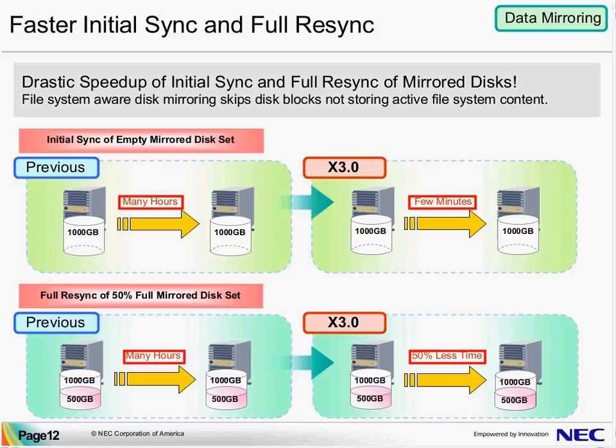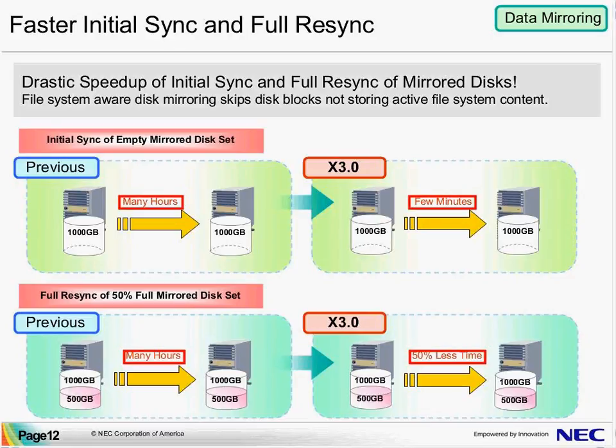So this complete copy of disk capacity is not the most efficient way. In release 3, ExpressCluster has been enhanced to only copy data that is actually on the disk itself.